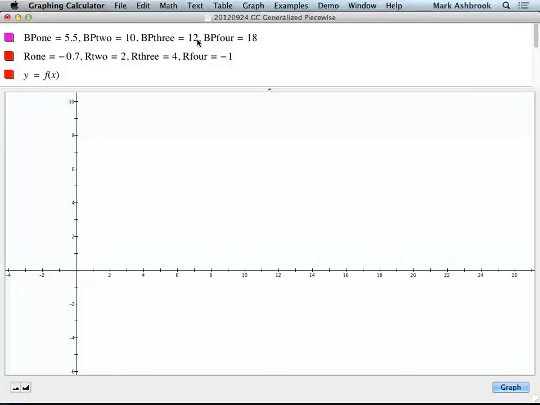So now I'm changing up the whole function. And I'll graph the new one. All I got to do is change those parameters.